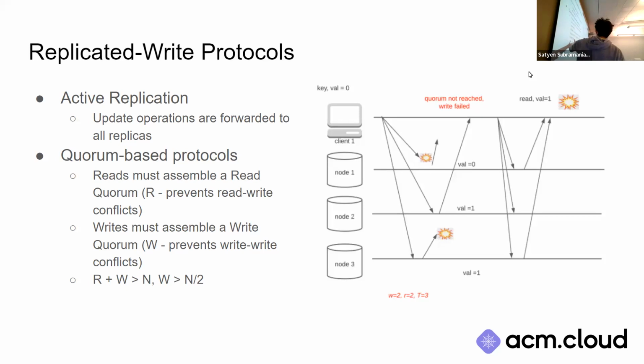The two rules are that if you want to write, you basically have to have a majority of all the replications, and then the total number of read and write quorum members has to be greater than the total number of replications. So this might be a little confusing. How do you have more members than the current number of servers? Well, each replication can have more than one role. So all this means is that you have to have at least one replication that's a reader and a writer.